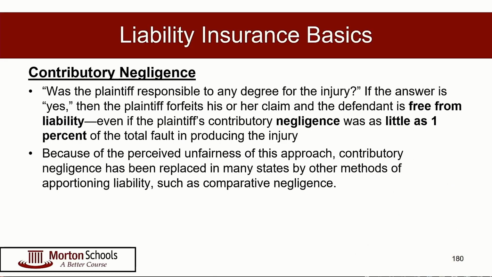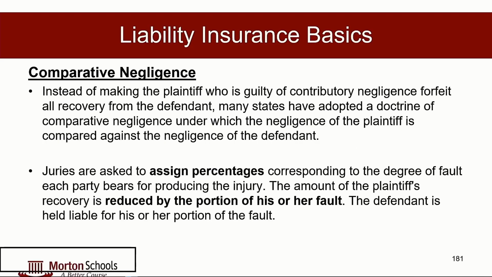Well, in a contributory state, if the defendant was even 1% at fault, then they get nothing. In a comparative state, they're going to compare. So the judge is going to look at the two situations and they're going to compare. You're a little bit at fault, you're a little bit at fault, and the judge or the jury is going to assign a percentage of negligence.